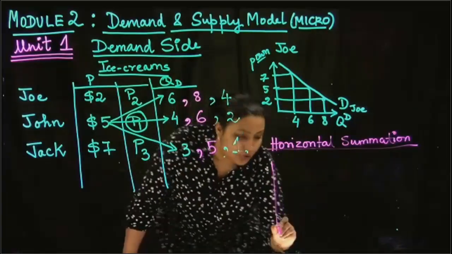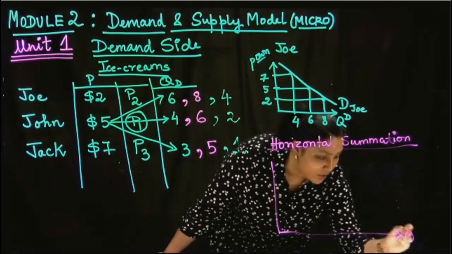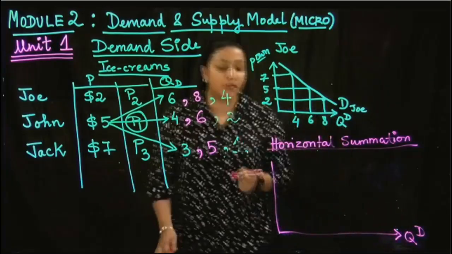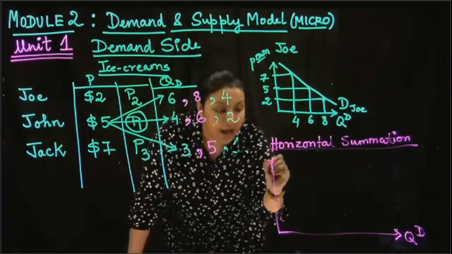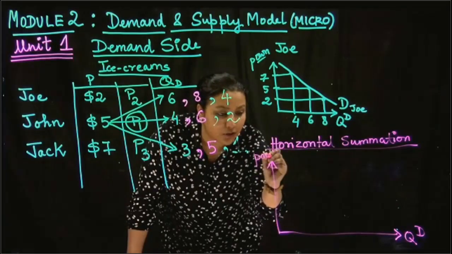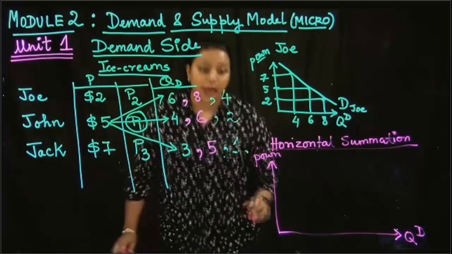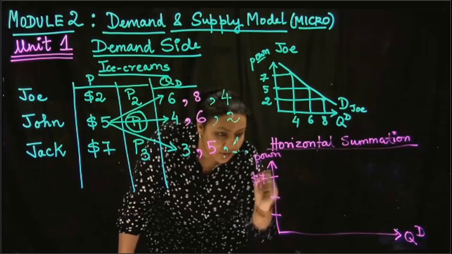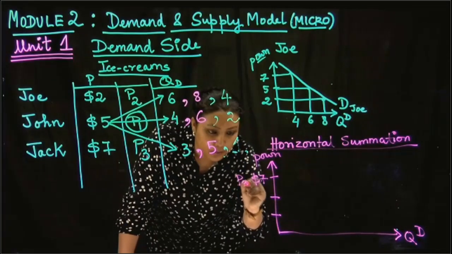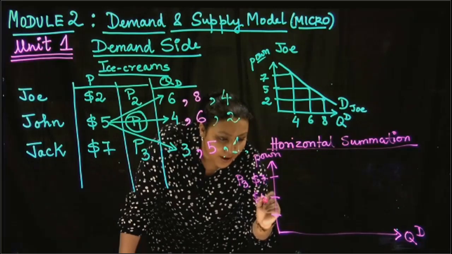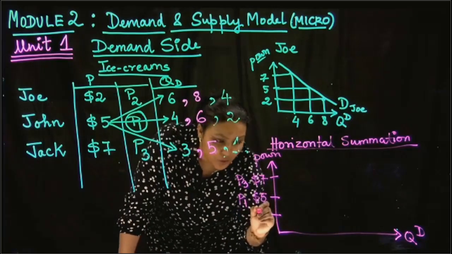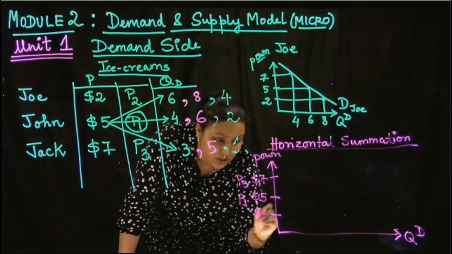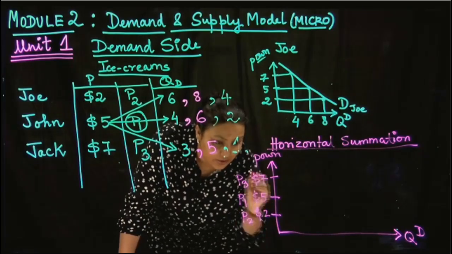Let's say now I want to draw the market demand curve. So still I have quantity demanded on the x-axis. I have the own price of the commodity ice creams, and I still have the three price points in the market, that is $7, which I called P3, $5, which we had called P1, and $2, which we had called P2.